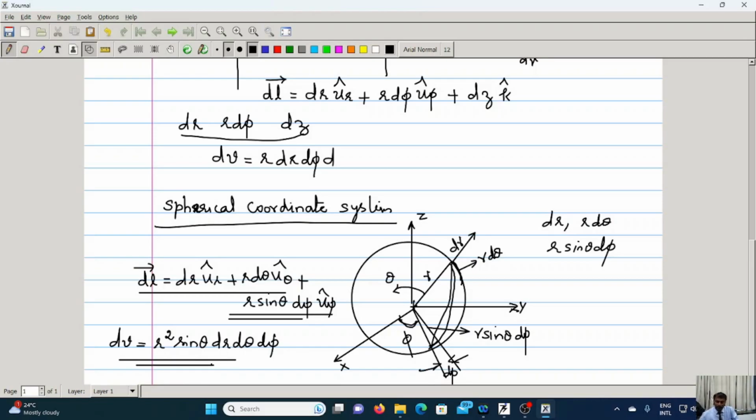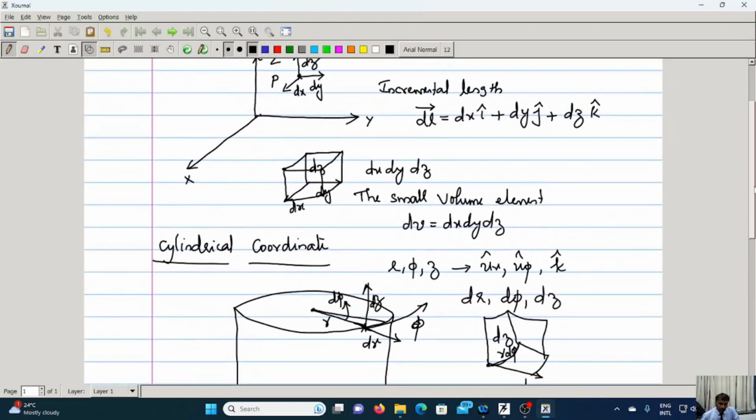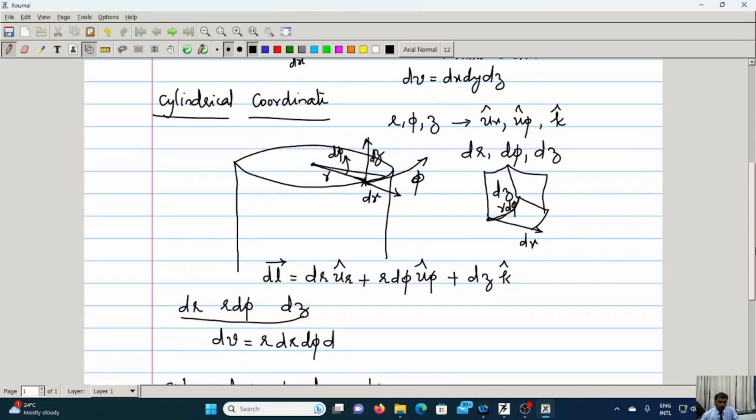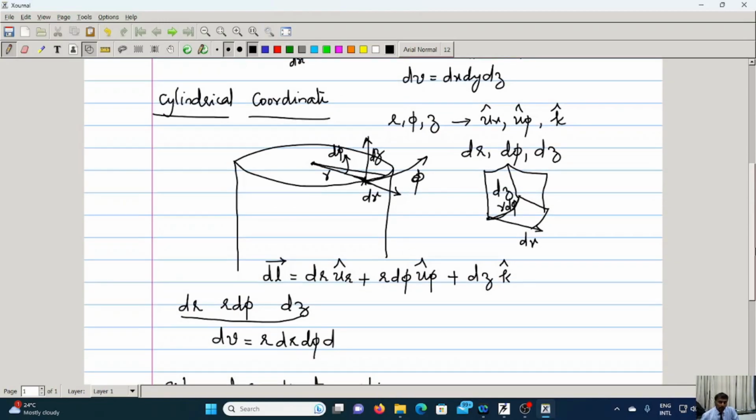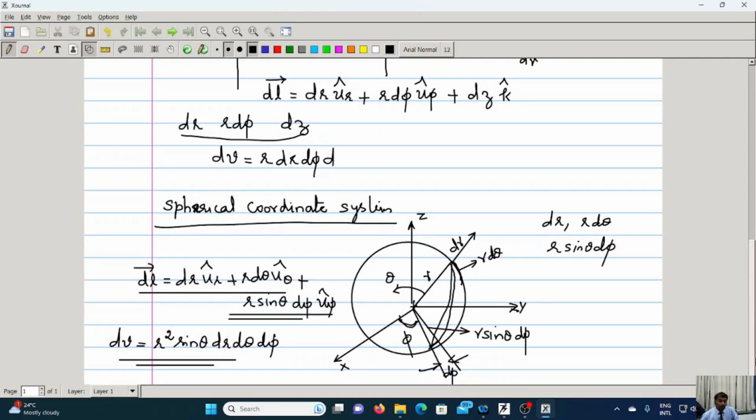In this case, we come to know what the incremental length and volume element are in the Cartesian, cylindrical and spherical coordinate systems.